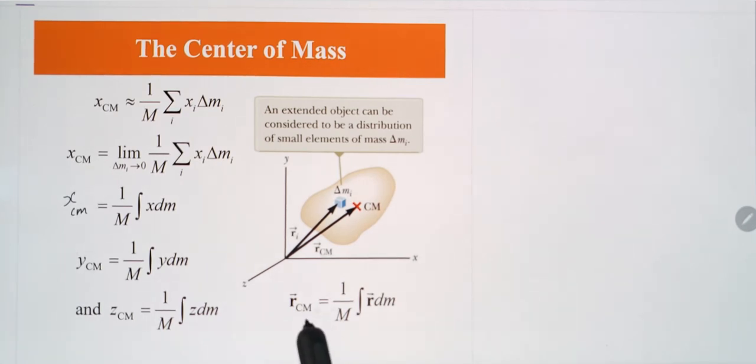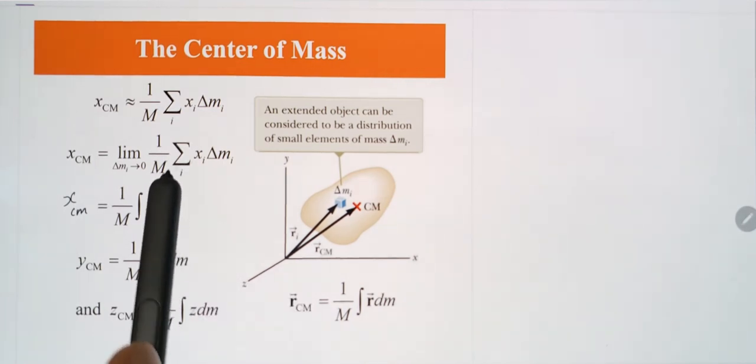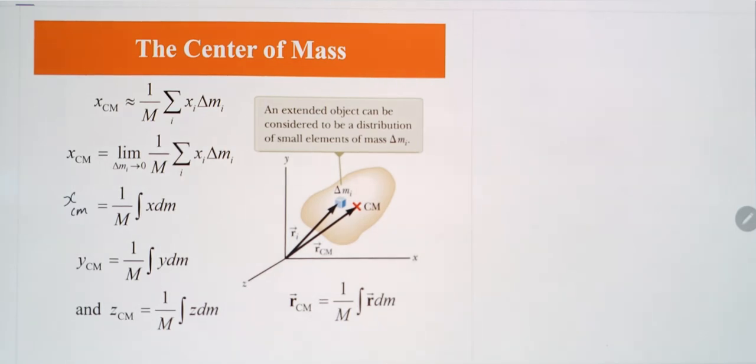It is r center of mass when you are dealing with an object. We are not dealing now with many particles. The number of those particles is going to infinity, and the mass is going to 0 or almost 0. As a result, the summation is transformed into integration. So we end up with this.